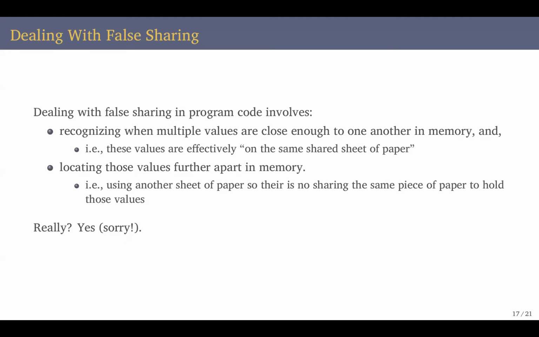So how do you fix it? You basically locate them further apart from one another in memory. Why? So they're not on the same sheet of paper. So the paper analogy I'm using here stands for something in the computer. And you'll say, really? Yes, this is how you do it.